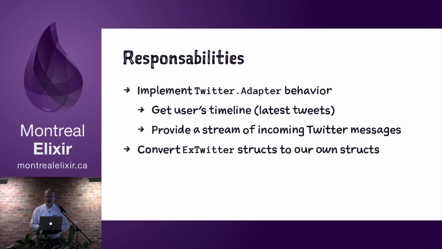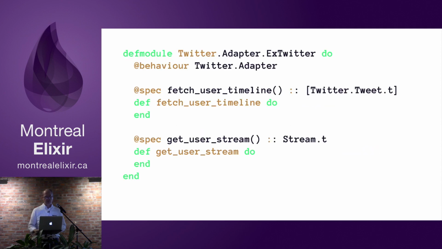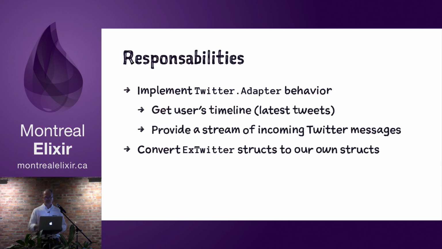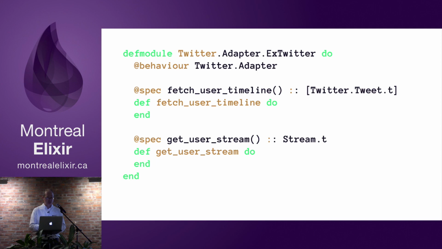And again, the adapter has two responsibilities: getting the user's timeline and providing a stream of incoming Twitter messages. And it also has the responsibility of converting the X-Twitter structs to our own structs. All right, so this is the implementation of the X-Twitter adapter.